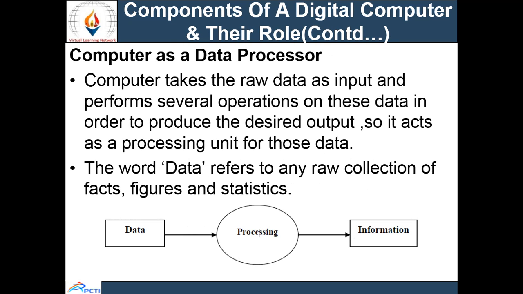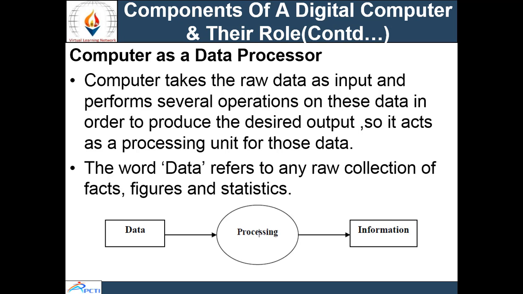Computer as a data processor. The computer takes the raw data as input and performs several operations on these data in order to produce the desired output. So, it acts as a processing unit for those data. In this figure, the data refers to any raw collection of facts, figures and statistics. The input data to a computer may include both numbers and characters.